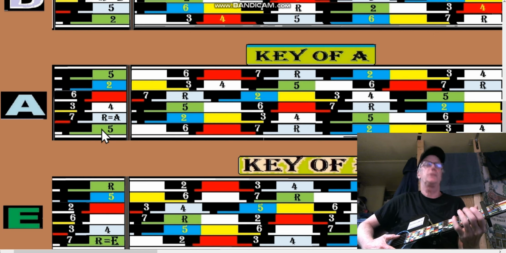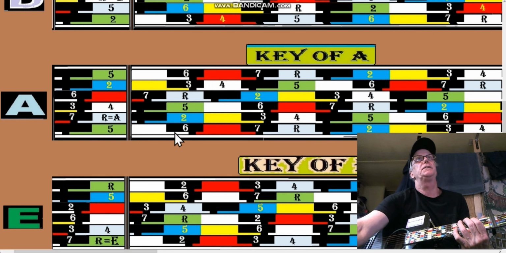But here it is. You're going 5, 6, 7. 5, 6, and we'll go right into the S3 XL because it starts on the 5. The S3 XL starts on the 5. 5, 6, 7. Root 2, 3, 4, 5, 6.